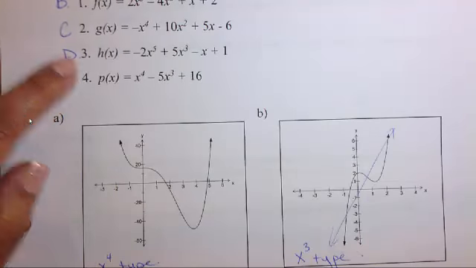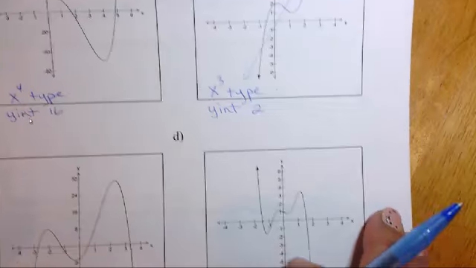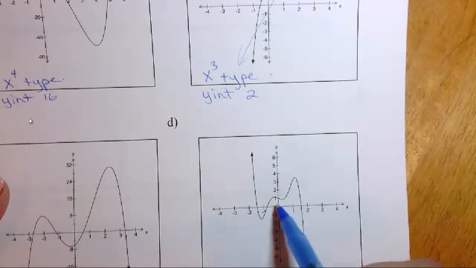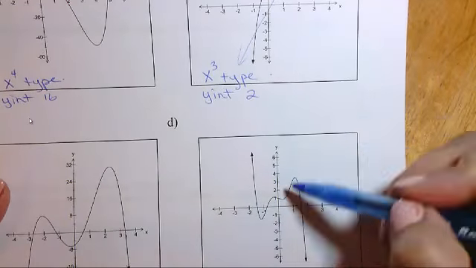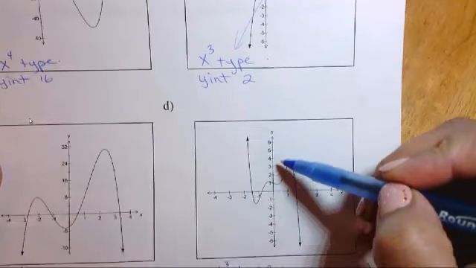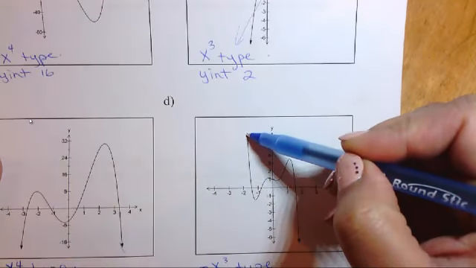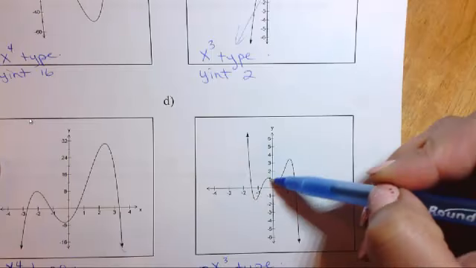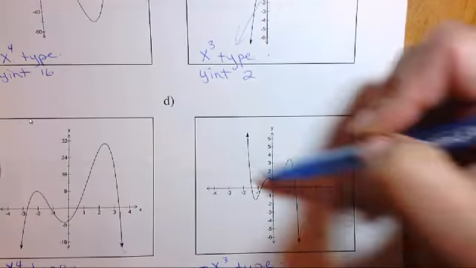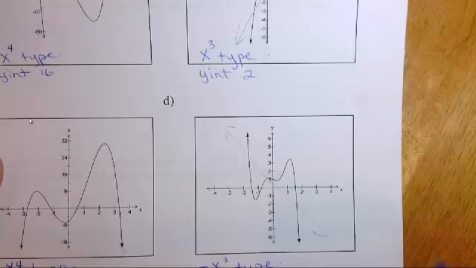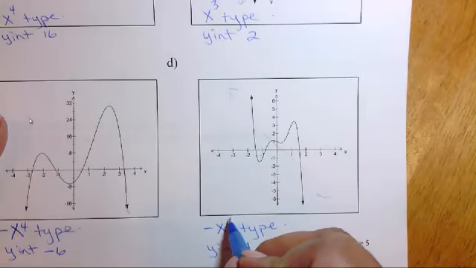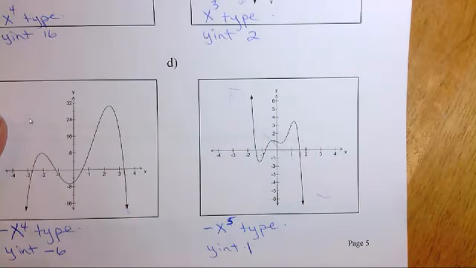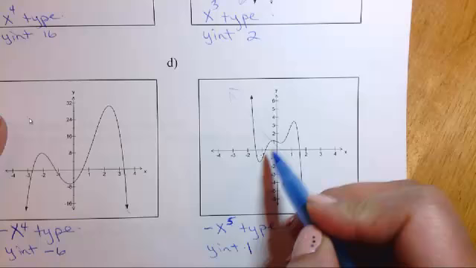For 3, that was graph D, and we have a leading coefficient of -2, and a power of 5. So it's a negative leading coefficient, so the end behavior is in a negative direction, and it's of this type, or we could say it's x to the power of 5 type.